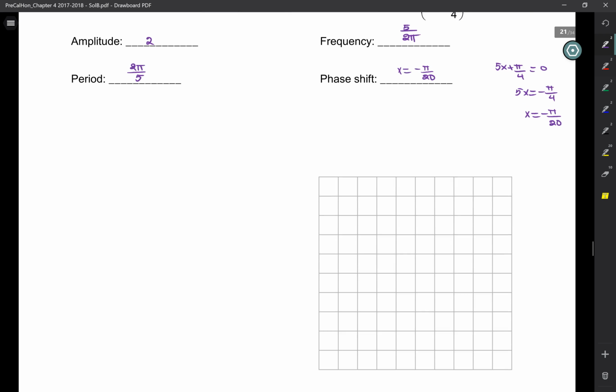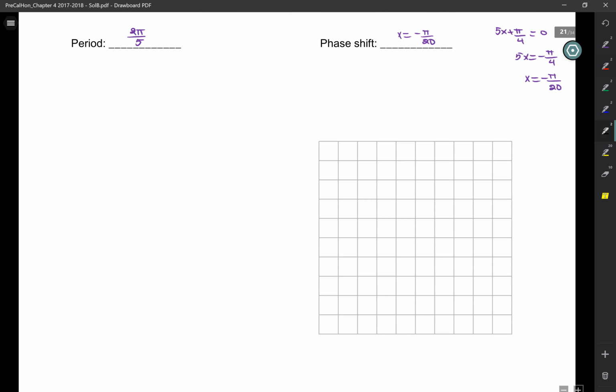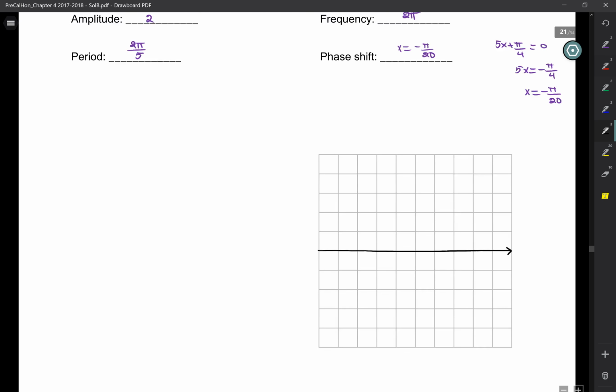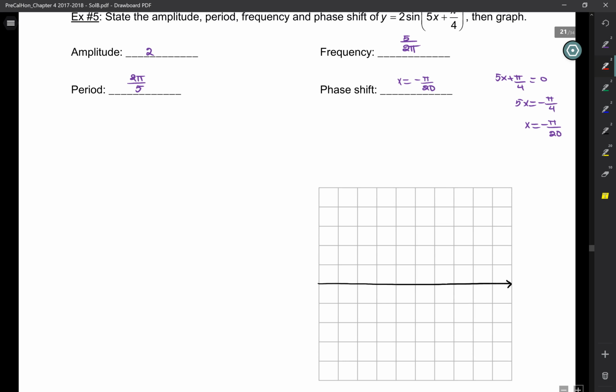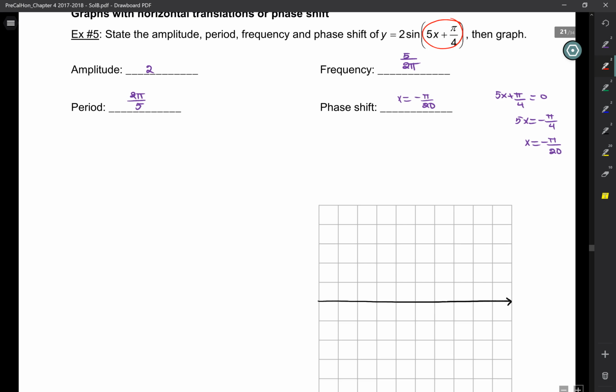Okay, so let's draw the x-axis here. And now what we're going to do is take the 5x plus 5 pi over 4, and we're going to bound it between 0 and 2 pi. Even if you don't put the new period, you still put 0 and 2 pi.